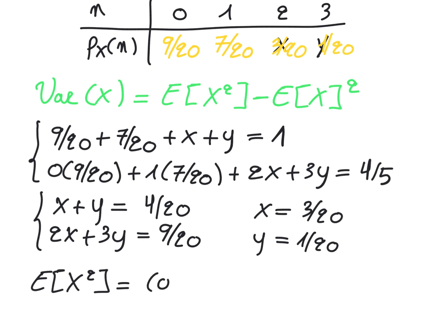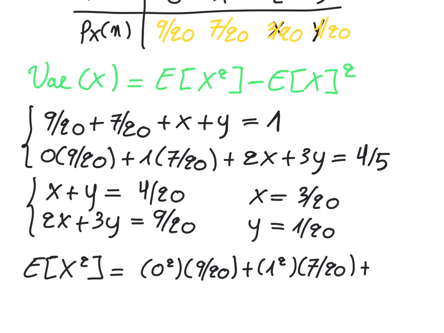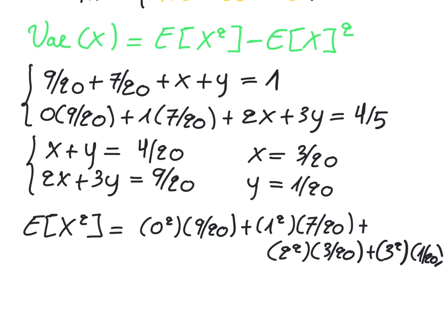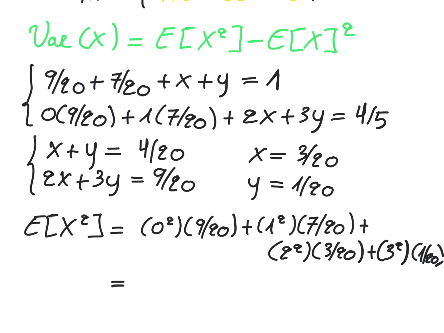And so in this case, we get 0 squared times 9 over 20 plus 1 squared times 7 over 20 plus 2 squared times 3 over 20, and finally plus 3 squared times 1 over 20. Now, if you would compute this entire expression, then you would find 14 over 10.